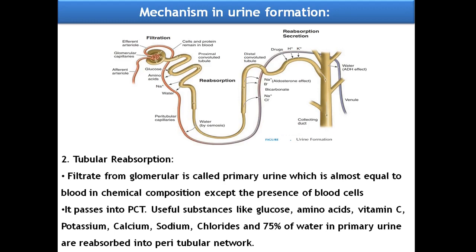Here the useful substances in the primary urine, like glucose, amino acids, vitamin C, ions of potassium, calcium, sodium, chlorides and 75% of water, are reabsorbed into the peritubular capillaries and finally carried to the renal vein.